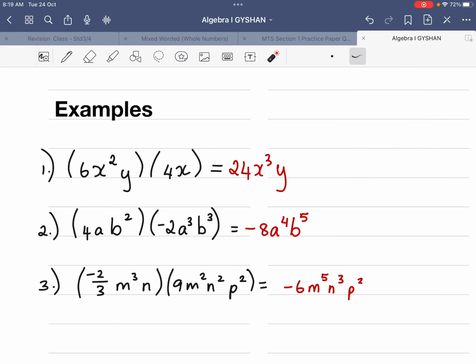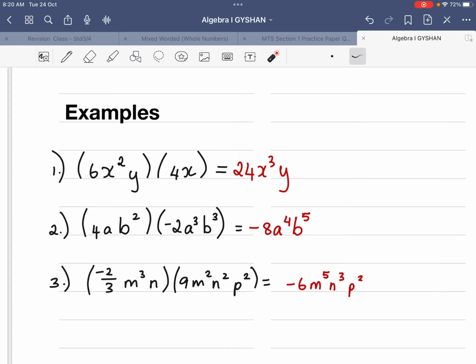And then we have m cubed by m squared is m to the 5. N by n squared is n cubed. And then p squared. So once you are finished with these, we will try some questions on our own. Let's go.